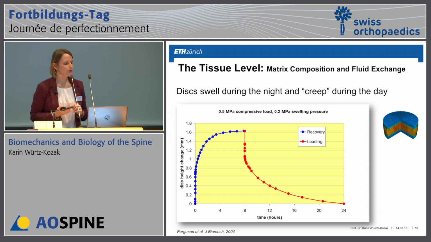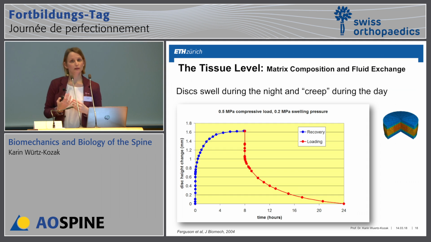Now, what I mentioned before, and that also comes in here when we talk about the tissue level, especially when we talk about the nucleus pulposus being so hydrated, this hydration is actually very, very important for the nutrition of the disc. We said before that the disc is avascular, and all the nutrients and the oxygen need to go in via diffusion, and also the waste needs to go out via diffusion.